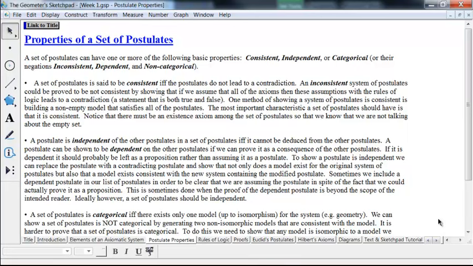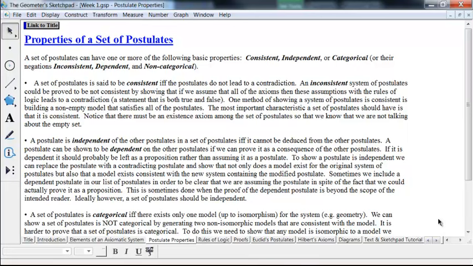So how do we show that? You want to show that they don't lead to a contradiction. Well, how do you know? Sometimes it's not obvious that they contradict each other, or that they lead to something that's a contradiction. So one method of showing that a system of postulates is consistent is to build a non-empty model that satisfies all the postulates. You come up with some model, a physical model perhaps, for geometry, and it will satisfy all of the postulates.